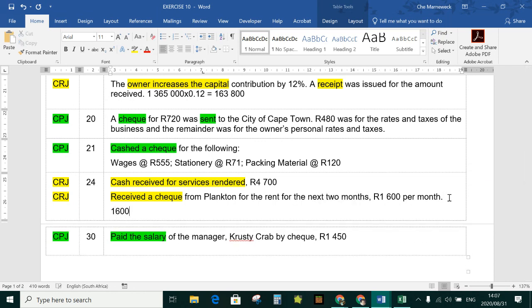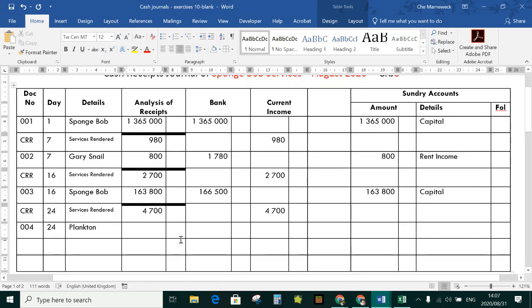So we need to say 1,600 times 2, which will give us 3,200. We record that 3,200. It's for rent. For the next 2 months, we are receiving money for rent. So 3,200 is on the receipt.